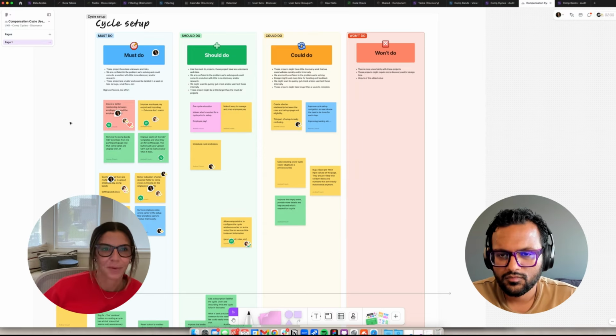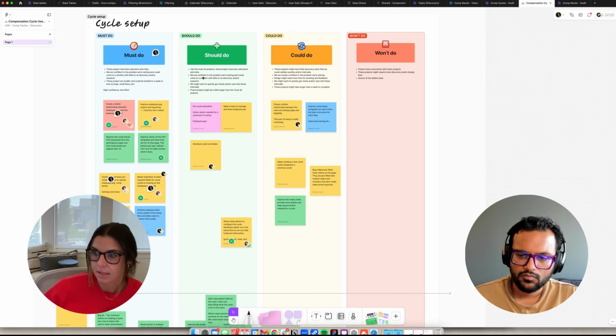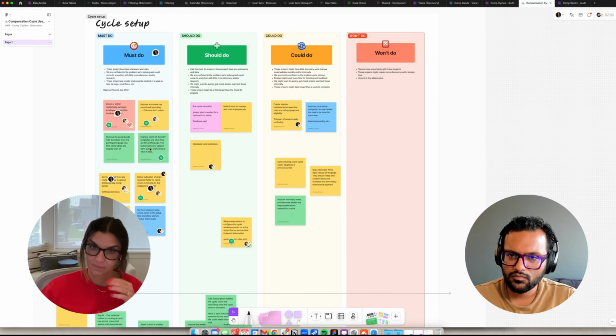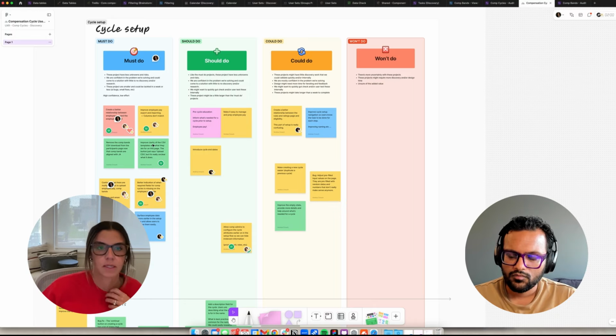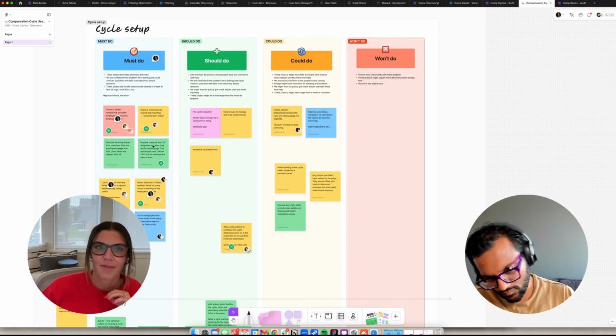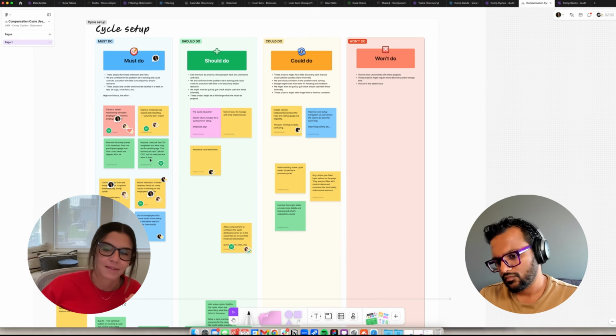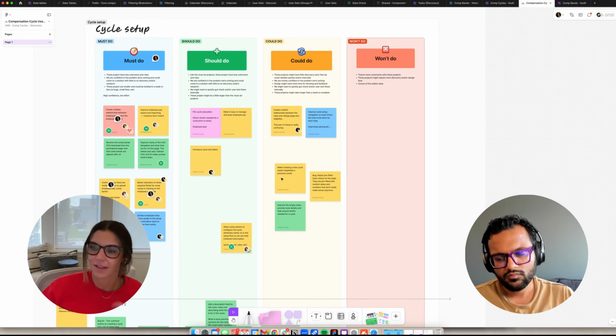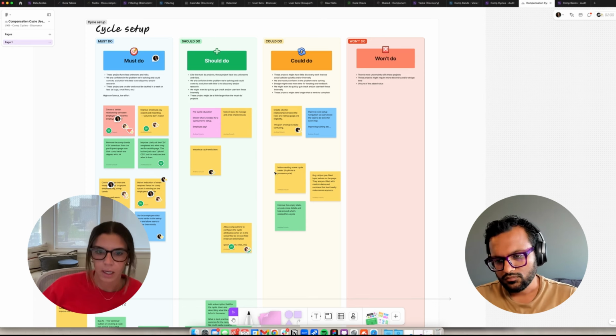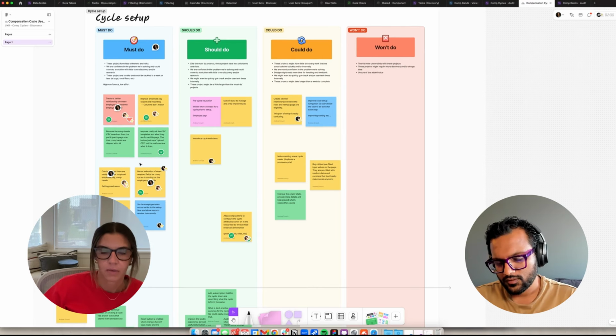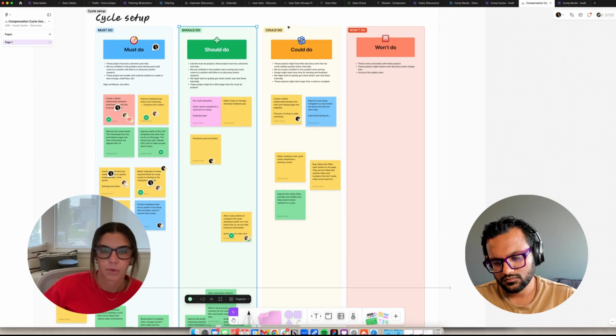So we pulled them over as a team into the areas like must do, we discussed, and then would drop it. And then again, this would facilitate great discussion too, because if we have one in the must do and maybe someone thinks it should do, you have that discussion around why, what are the risks, what aren't we thinking about? So yeah, that really helped us lay out the priorities.